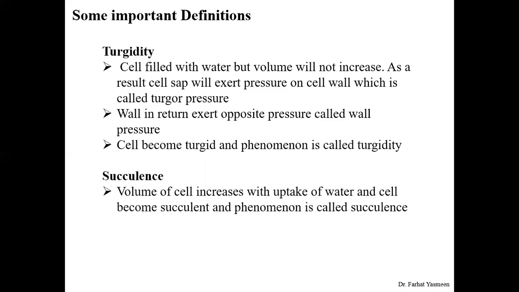While for succulents, for example in desert conditions where water is not available in plenty, plants make reserves of water in the form of succulence, and this is very much evident in plants of desert environments.